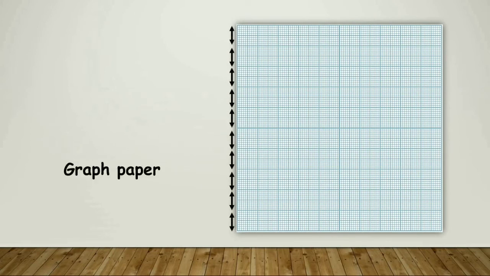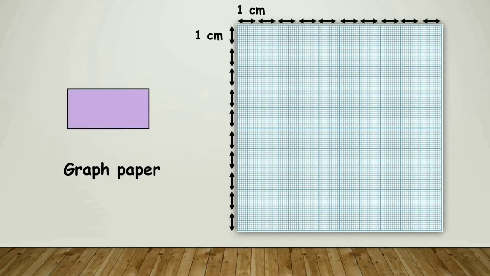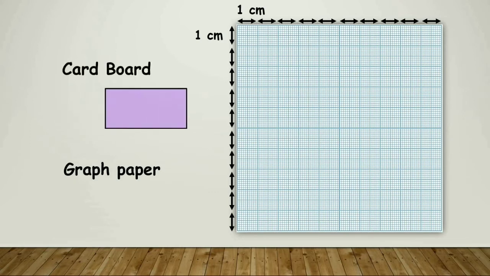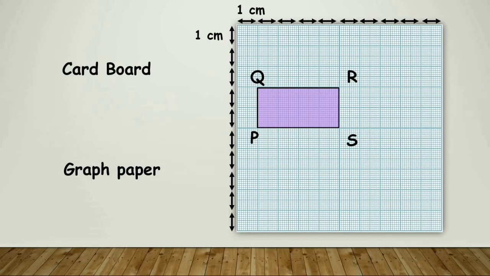Here the entire graph paper is divided into squares, and each square has the same length and the same width, that is 1 centimeter. Now take our cardboard and just place it on. You can point out the PQRS while placing the cardboard.